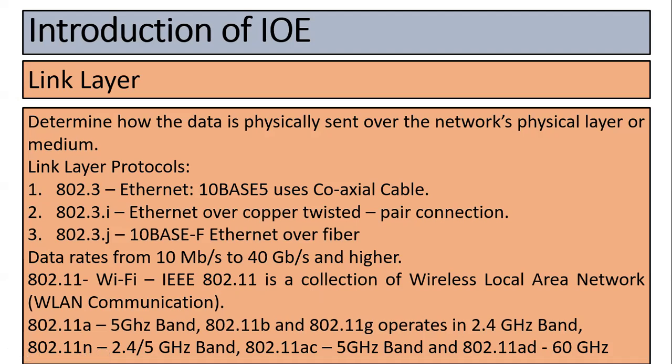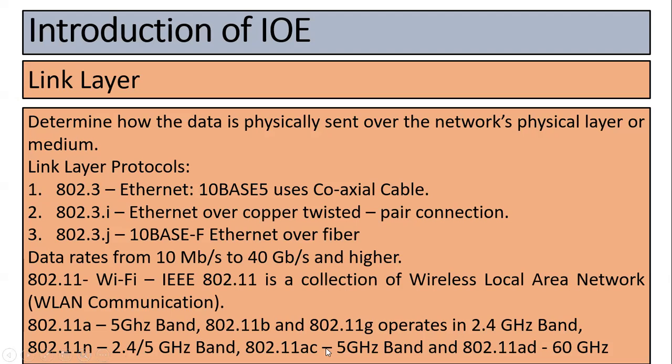Wireless communication happens in a particular range or band of frequency. So the first one was 802.11a, that is the 5 gigahertz band. Then 802.11b and 802.11g operate in the 2.4 gigahertz band. Then 802.11n works in both the 2.4 and 5 gigahertz bands.